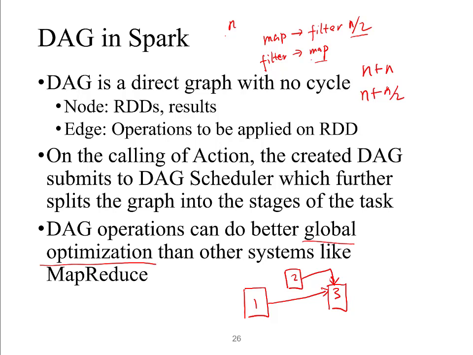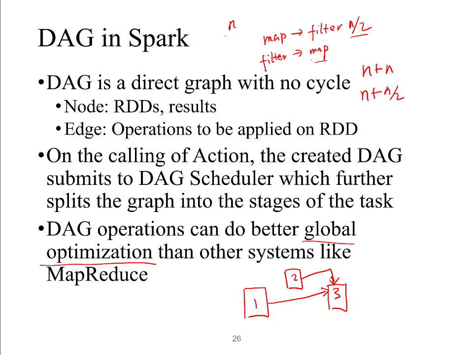And for lazy evaluation, at the current stage, I think you can appreciate the goodness of lazy evaluation. You only act when you see the calling of an action, and you create the DAG. You split them into stages, and for the task scheduler, you can also do some global optimization for the whole task, which other systems like MapReduce cannot do.